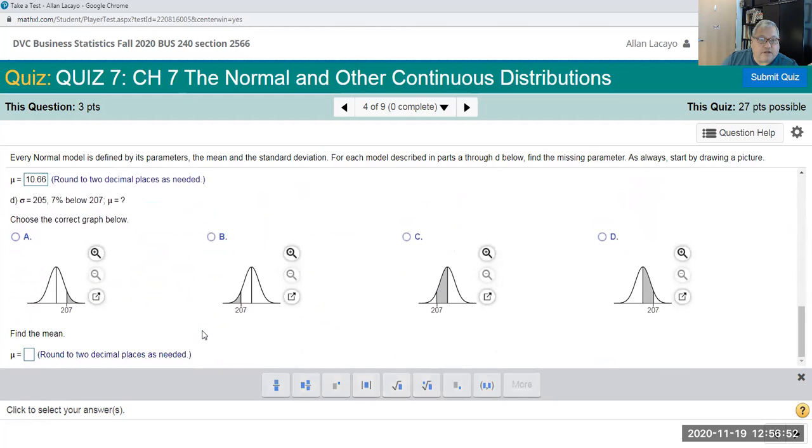And then when you're solving a problem about the mean, 7% is below 207. The mean is the value of x minus the z-score times the standard deviation. So it's the 207 minus the 7% z-score, 1.6, times the standard deviation of 205.